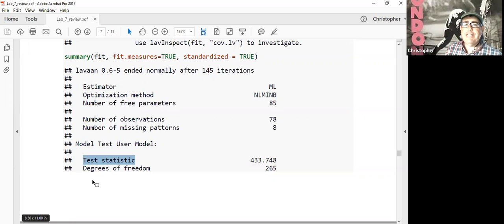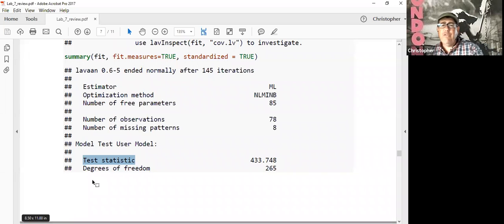So here, this test statistic, we generally don't ask, is it significant? We're going to ask, what's the ratio between this chi-square value and its degrees of freedom? Some people say, okay, about a 2-to-1 ratio. I should clarify, a 2-to-1 or lower ratio. That's when you're getting good fit.